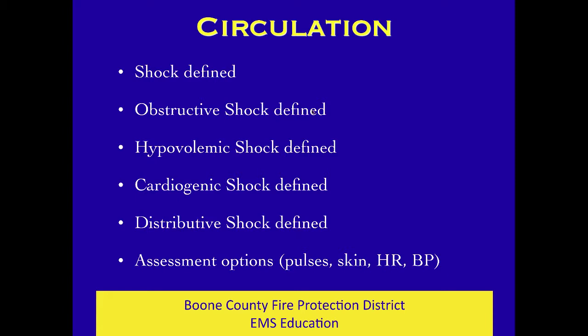The obstructive shock is an obstruction to flow somewhere in the system. Somewhere in the cardiovascular system, there's an obstruction to flow. Tension pneumothorax would be an example. Cardiac tamponade would be an example, but tension pneumo is one that we will talk about a lot in Lab A. So it could be that the person has inadequate tissue perfusion, they're in shock because of an obstruction to flow.